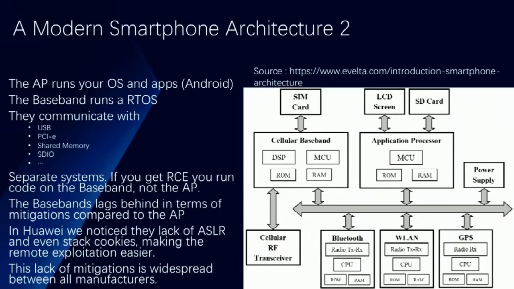You don't run code on the application processor because those are two separate CPUs. But the advantage is that basebands lag behind in terms of mitigations compared to the application processor. For example, in the Huawei baseband, we noticed that they lack ASLR and stack cookies, so the remote exploitation is easier. But this lack of mitigation is not only on this baseband, it's widespread between basically all manufacturers.